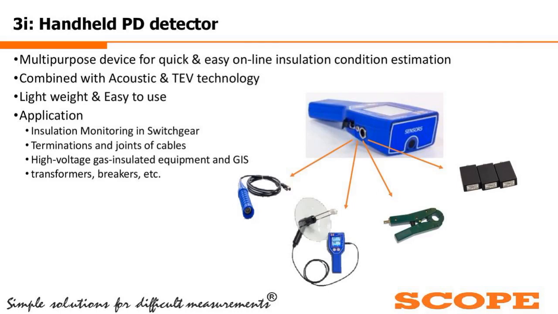Any one channel you can use at a time. Either it can work on the acoustic channel or on the HF or TEV sensor channel. They have inbuilt sensors also, or you can attach external sensors as shown in the picture. You can add the parabolic antenna, the acoustic probe, the RFCT or the TEV externally, or directly, without attaching any of these sensors, you can touch the product onto the surface of your transformer or panel.